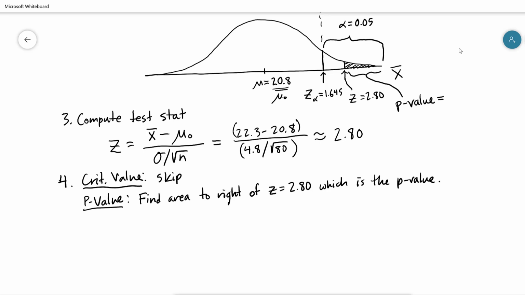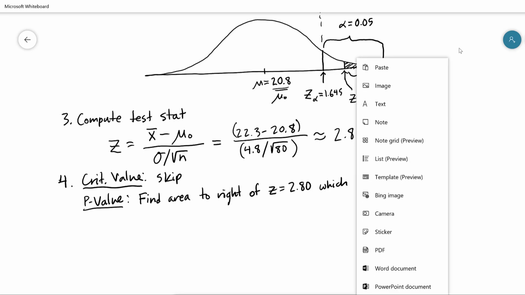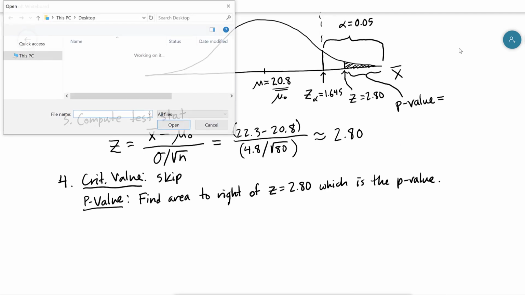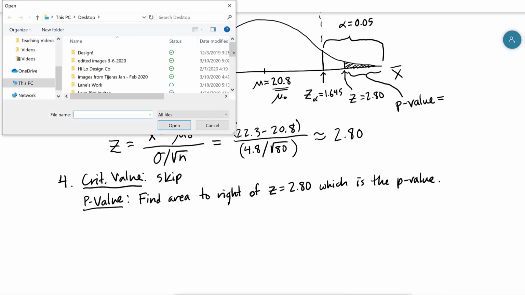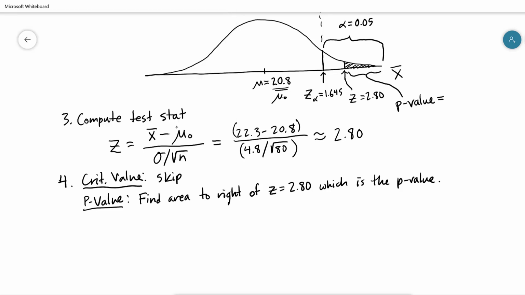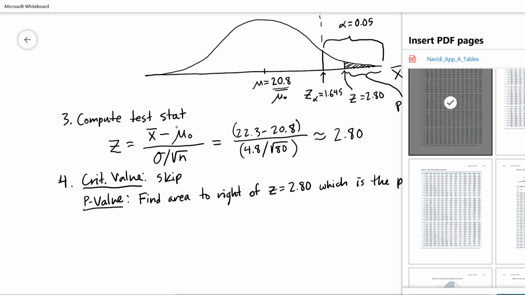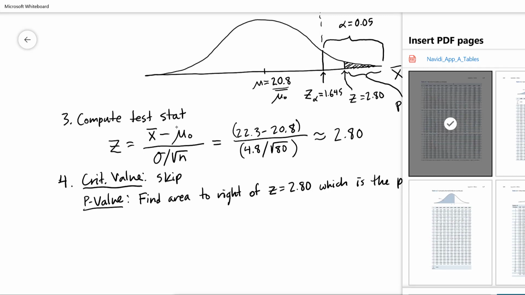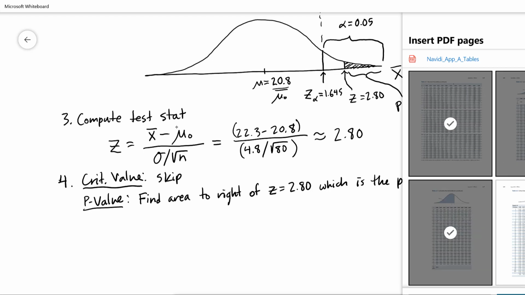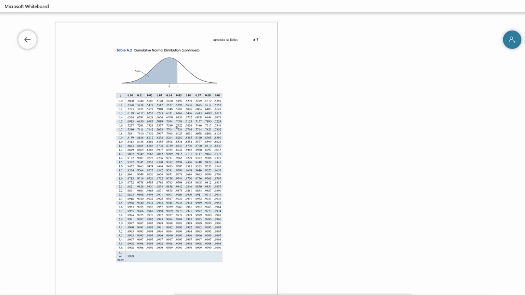So we've done this before. We can use table A2. I believe I deleted that from here. Let me add it in real quickly. I need to add in, and to have this already in there, I just need that page, skip that page, insert those.